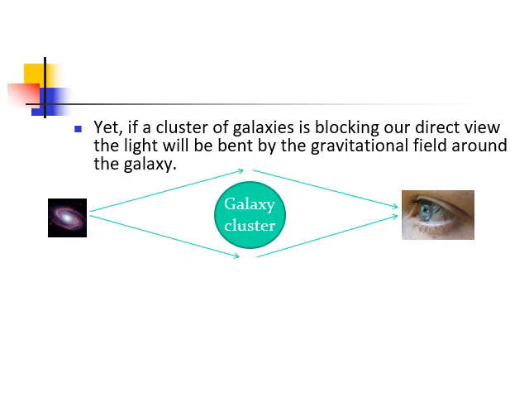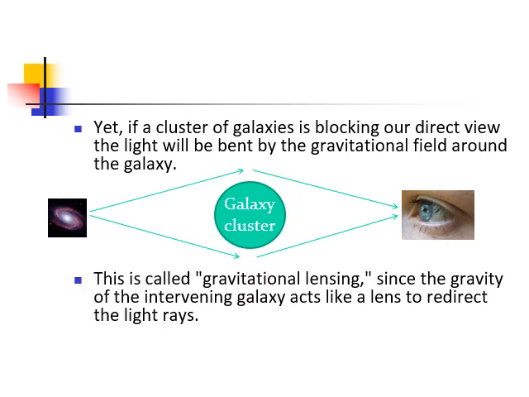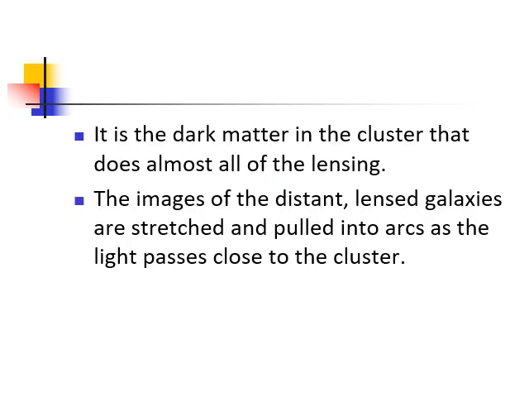And we can see this in pictures that are taken by instruments such as the Hubble Space Telescope. So the intervening galaxy is acting kind of like a lens to redirect the light rays. And what we see in the pictures is these circles.